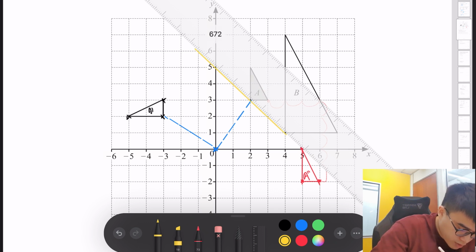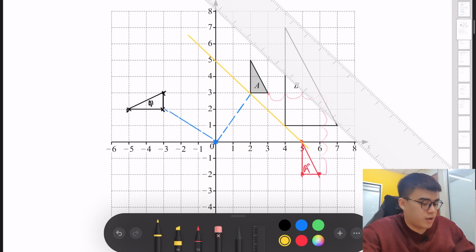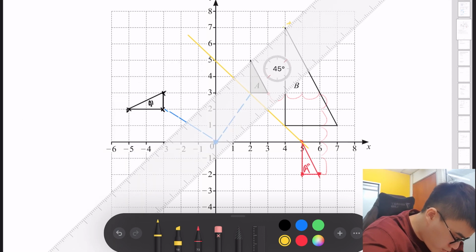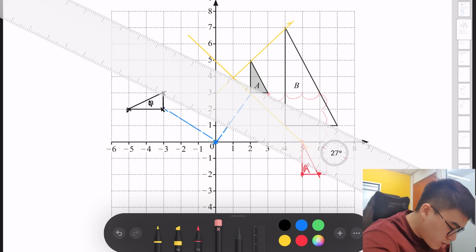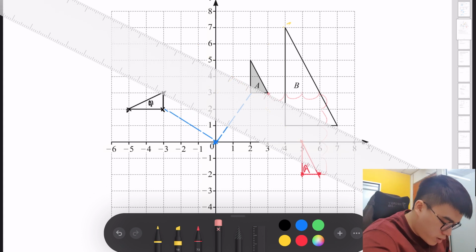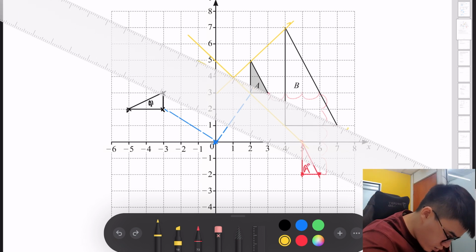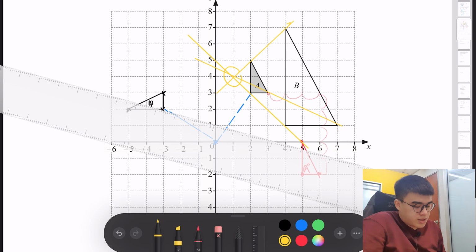So I draw this point, then the other side, and then the last one will indicate that it is over here. The point where they all intersect will be this.